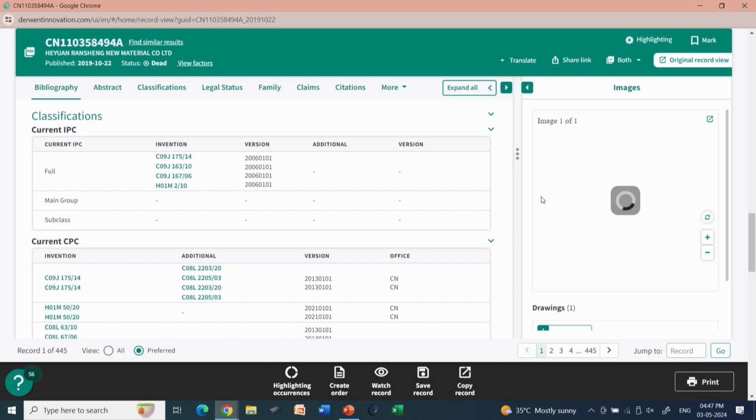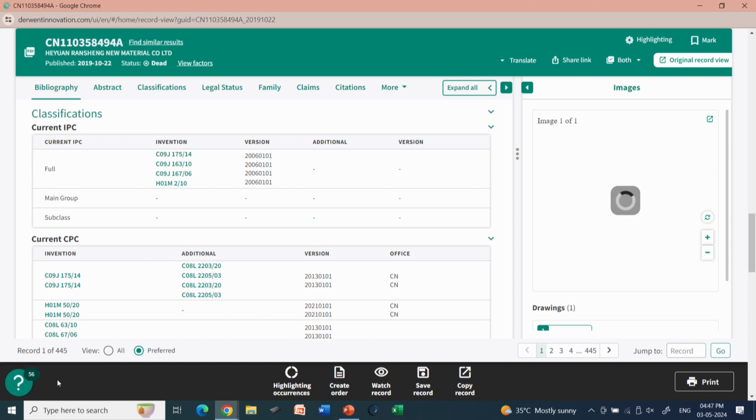Now, here you see in this data that as per the IPC classification, it has 1, 2, 3, 4 classification numbers. See on your screen you can see it is C09J 175/14, C09J 163/10, and 3 classifications are starting with C and 1 classification is starting with H.